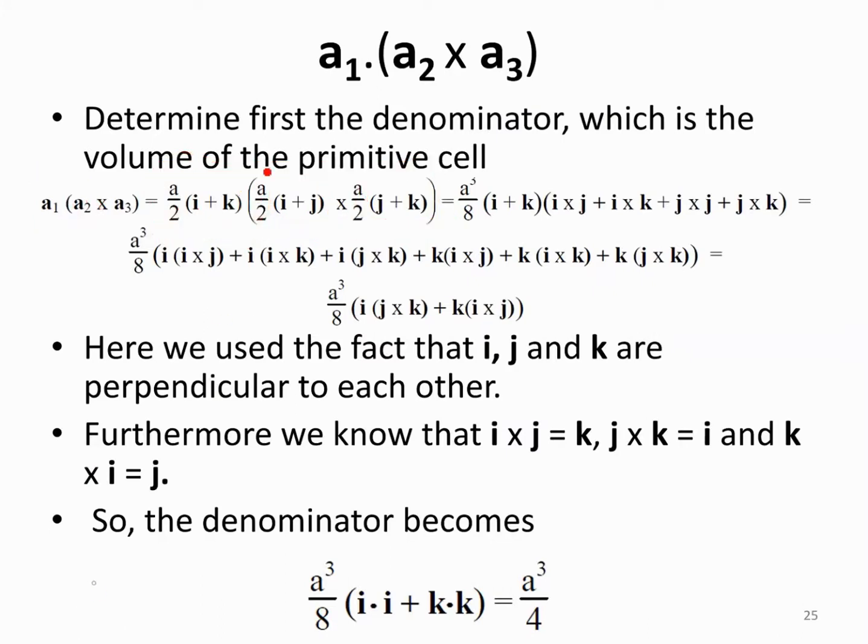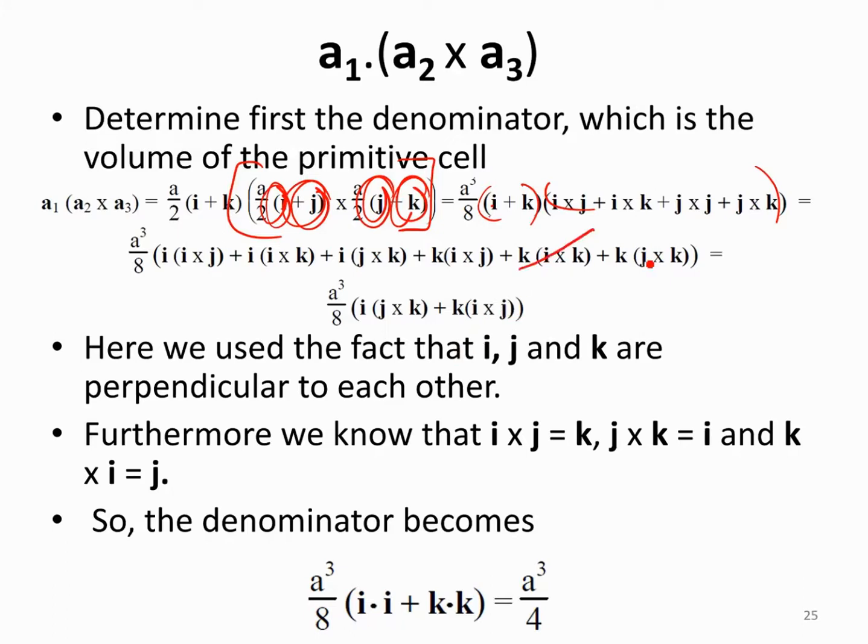Cross product. So maybe you just solve this one first: i cross j, i cross k, j cross j, j cross k. Okay, then only you expand this one and this one. So i dot (i cross j), i dot (i cross k), and so on. Then you expand it. After you solve it, you get a to the power of 3 over 8 times i dot (j cross k) plus k dot (i cross j).